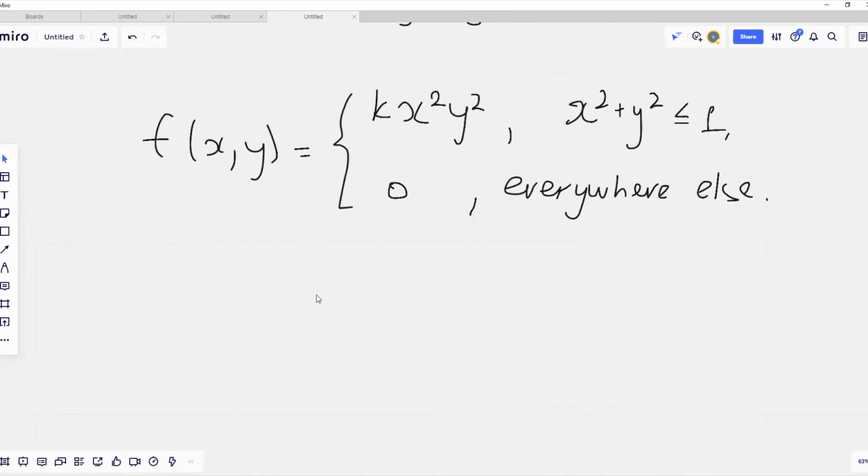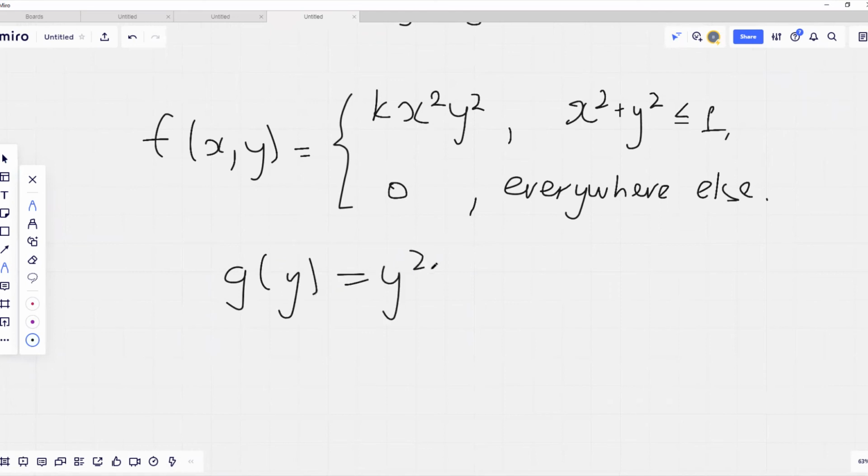Okay, now we can see that we can split the joint PDF into functions. Let's say g of y is equal to y squared and h of x equal to kx squared.